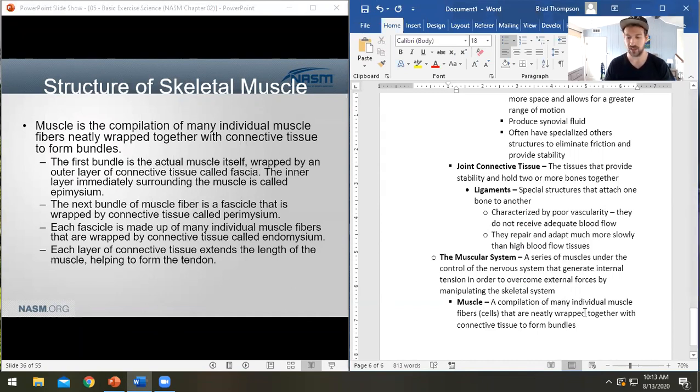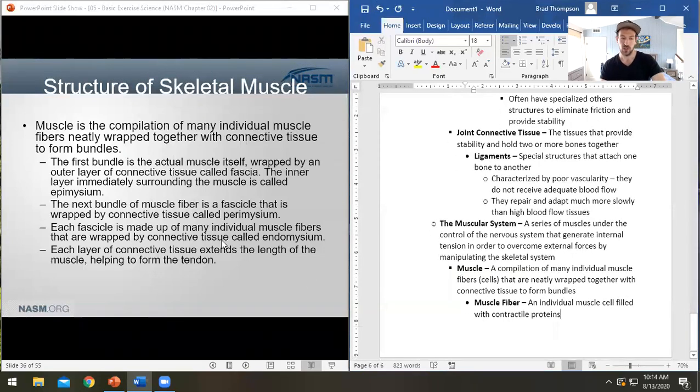So the first layer, and really quickly we'll mention what a muscle fiber is, right? A muscle fiber is an individual muscle cell filled with contractile proteins. And those contractile proteins are the actin and myosin that we mentioned earlier, right?